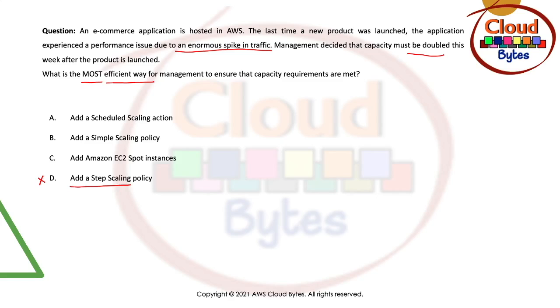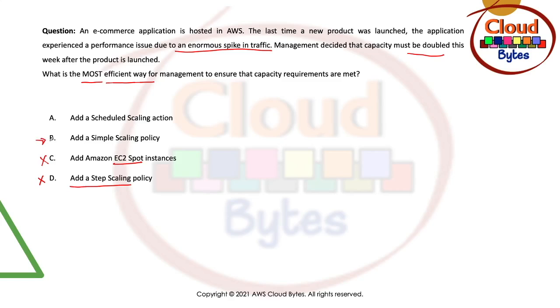So cost is not a factor over here. Secondly, spot instances can be lost, so you may have reduced capacity without any kind of notification. So this is not something that we are looking at. Spot instances are an issue over here.